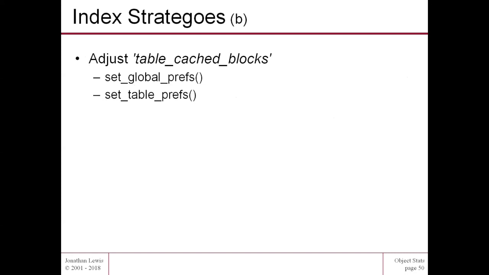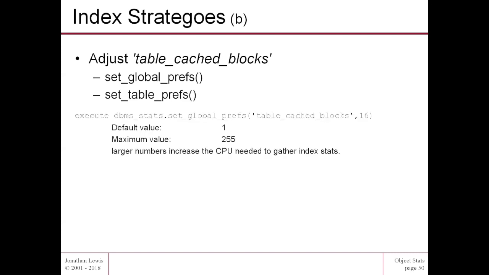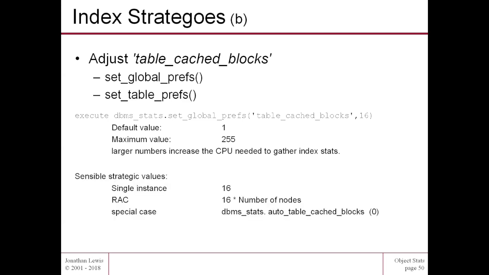Global prefs or table prefs. I'd like to do global prefs or have a new default from Oracle, but certainly set table prefs. There's a sample statement there setting the global prefs to 16. Default is 1, maximum is 255. 16, in my view, is actually quite a good default value to take, or if you're on RAC, 16 times the number of RAC nodes that you actually run against this table.